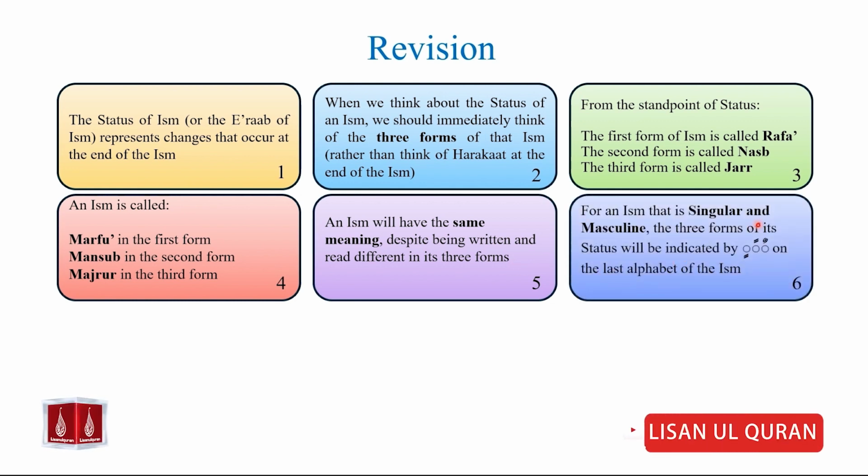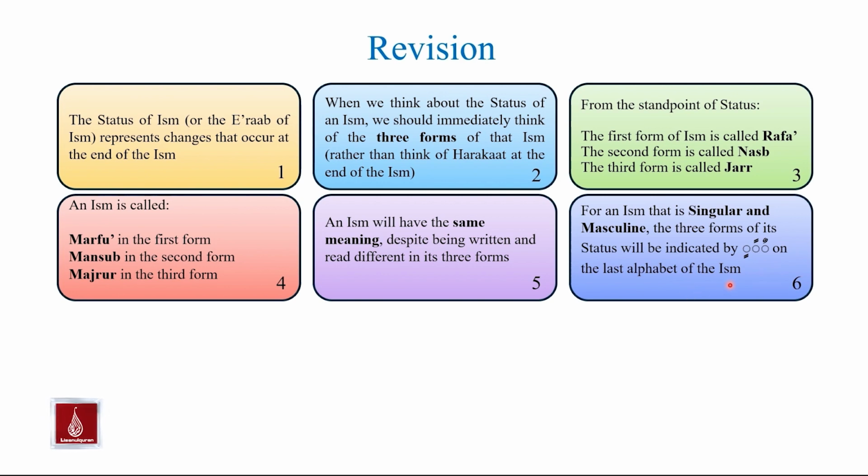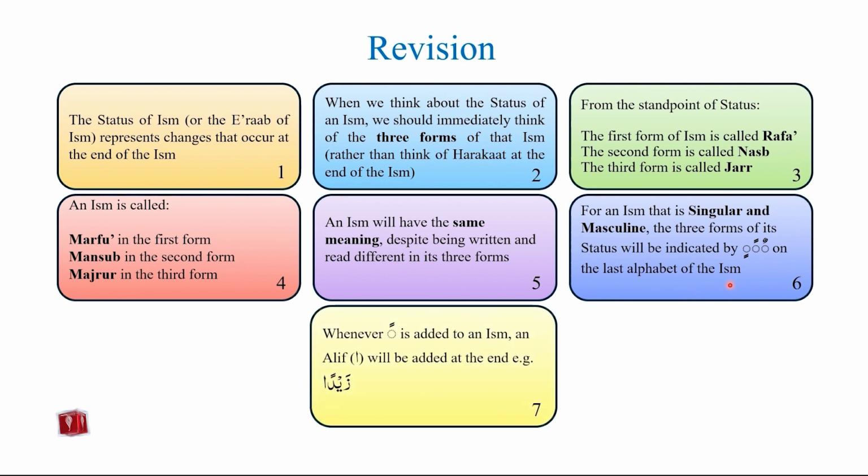For an ism that is singular and masculine, the three forms of its status will be indicated by the presence of double zir, double zabar, and double pesh on the last alphabet of that ism. An important rule: whenever double zabar is added to an ism, an alif will be added at the end. For example, the way Zaidan is written with an alif at its end.